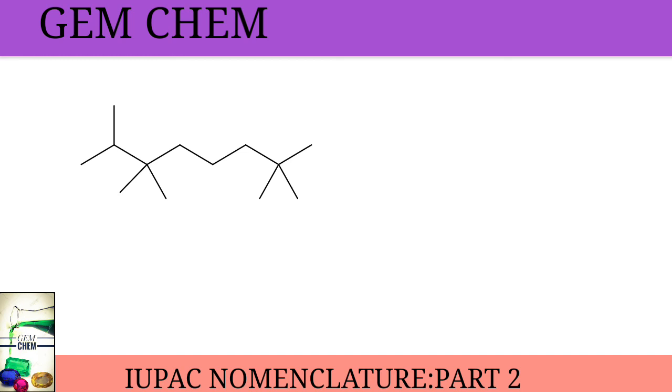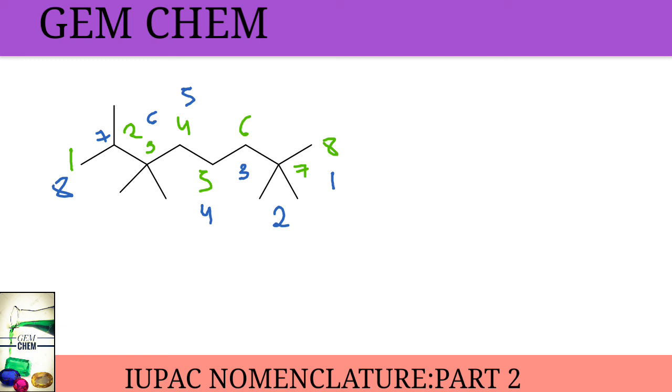Now this is also a complex one. We will find out only the longest chain. 1, 2, 3, 4, 5, 6, 7, 8. Or else 1, 2, 3, 4, 5, 6, 7, 8. Now in this case we need to take the sum of the positions of the locants. Let us start from the blue ones.